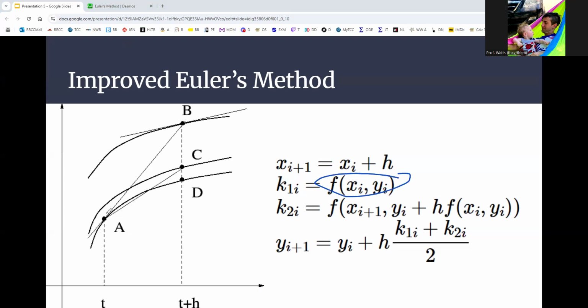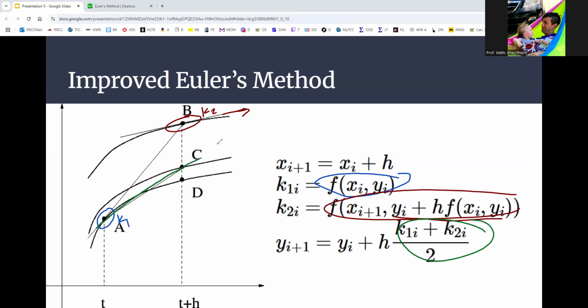So the slope of that one, that's your K1. And then if we take a step forward with Euler's and get your new y value, we recalculate the slope, that's K2, the slope of that line. And then we average those two together, add them up and divide by 2, and we use that slope to move along.